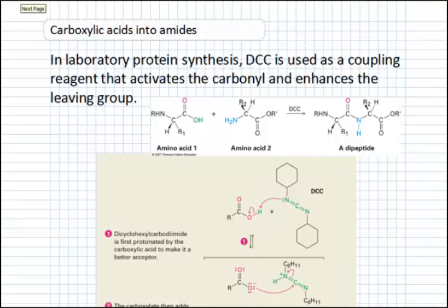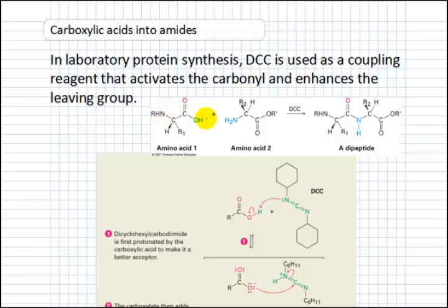We can make carboxylic acids directly into amides. This is really most useful in laboratory protein synthesis. So when a sequence of amino acids is required to be synthesized together to make a protein, here's an amino acid. It's a carboxylic acid with an amine, with an N attached to the alpha carbon.